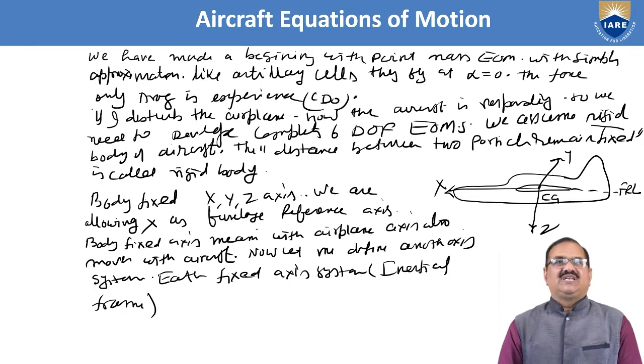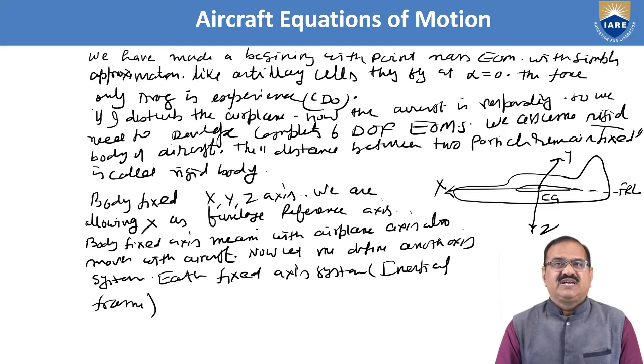Only drag force D is assumed to be experienced, with coefficient CD or CD naught. Here we don't consider any induced drag. So if I disturb the airplane, how is the aircraft responding?